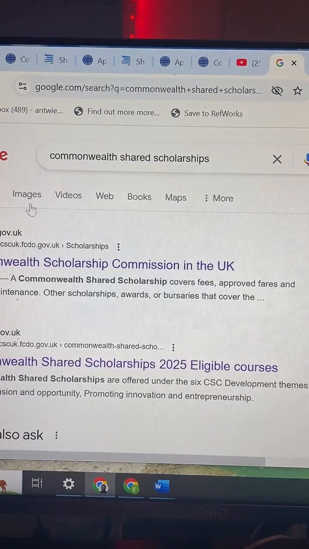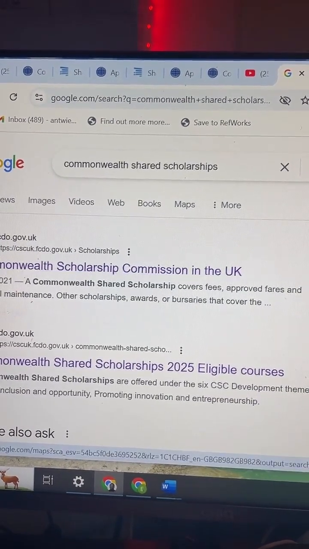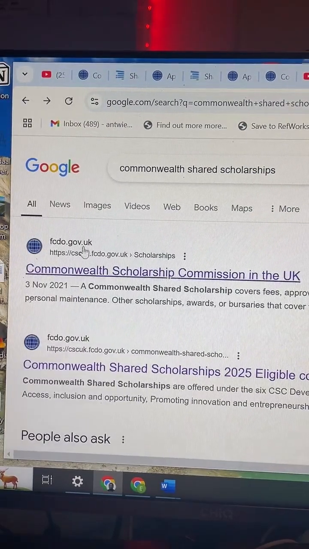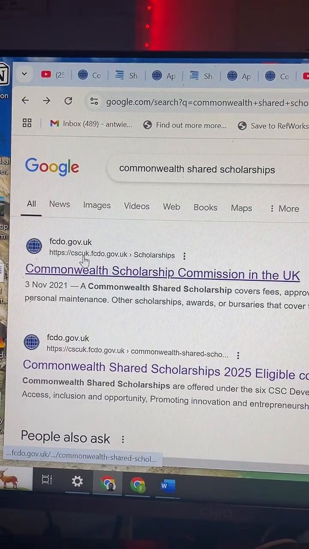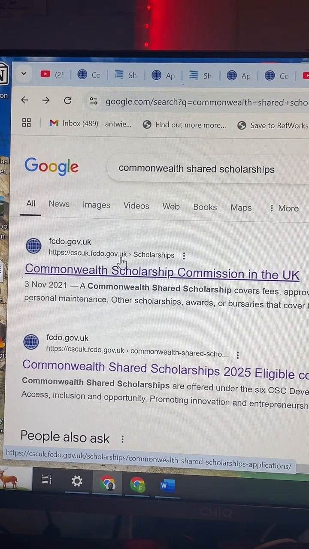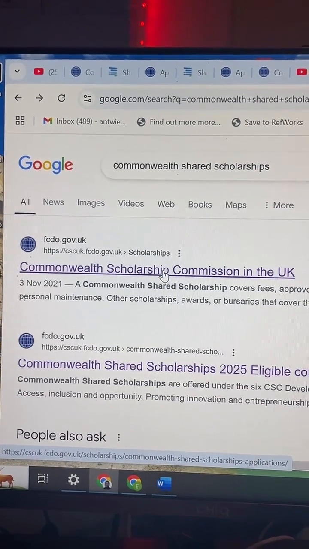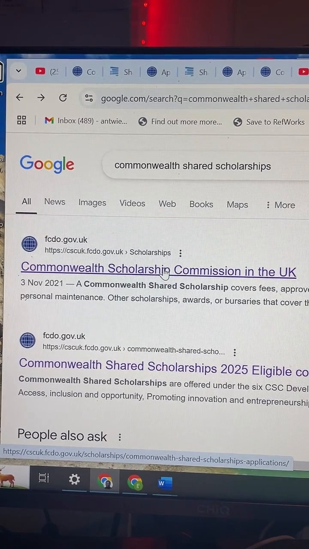So Commonwealth, so check the web address: cscuk.fcdo.gov.uk and then scholarships.